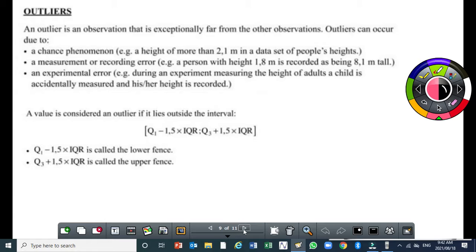The other aspect which is important are outliers. Now, I'm sure you have heard about outliers in grade 9 and grade 10, right? An outlier is just an extreme value.